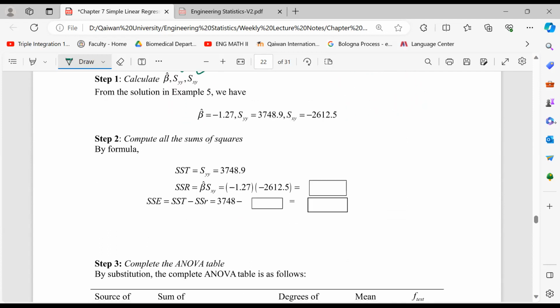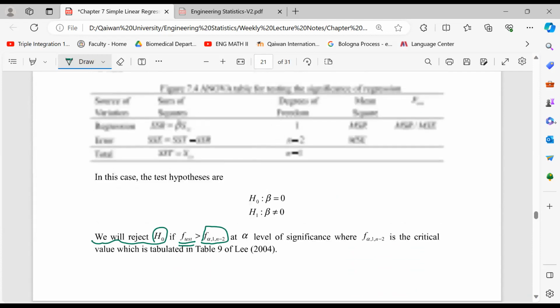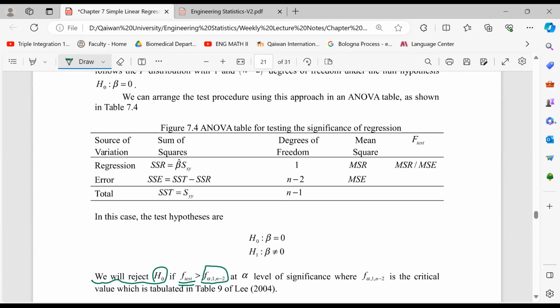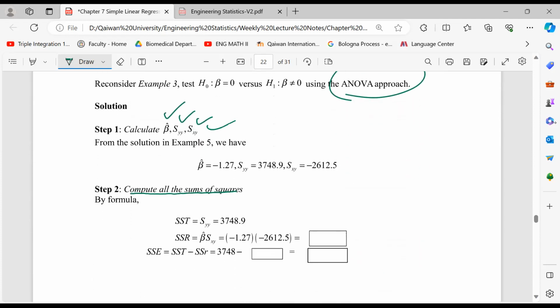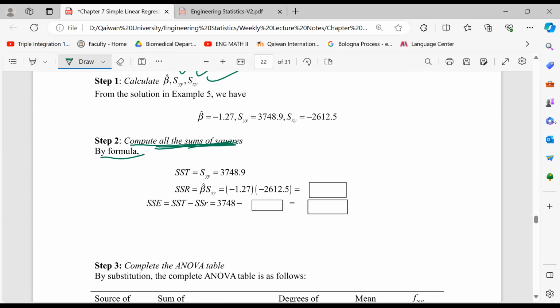In example 3, now we compute it. The first step is to calculate these three things, S sub xx, S sub yy and S sub xy. In the second step, we compute all sums of squares by formula: SST, SSR, SSE.